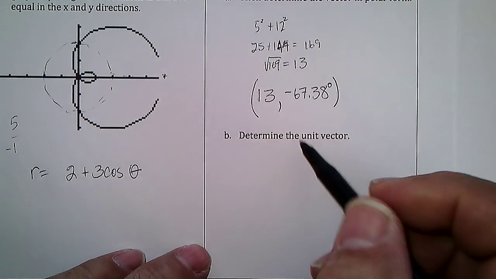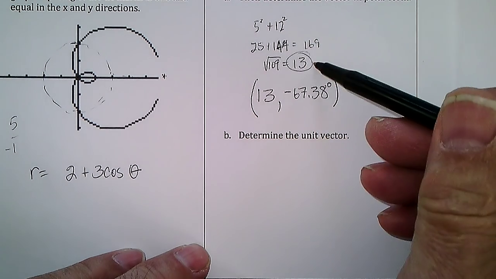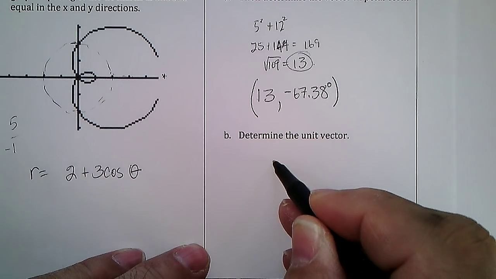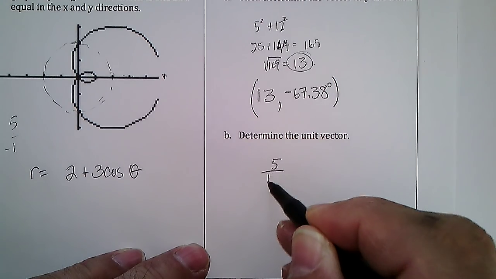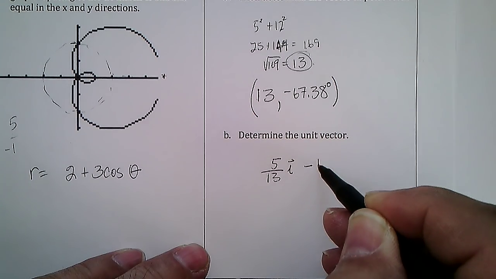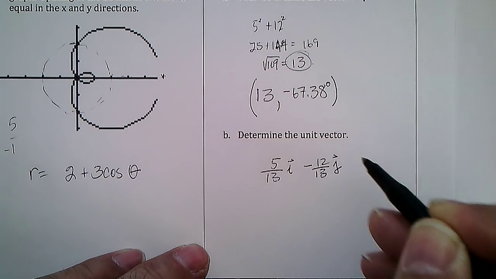Determine the unit vector. Well, this vector had a length of 13. Its norm was 13, so we have to divide both parts by 13, so it's 5/13 i minus 12/13 j.